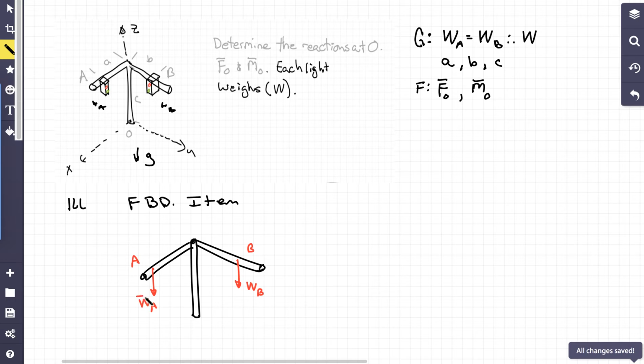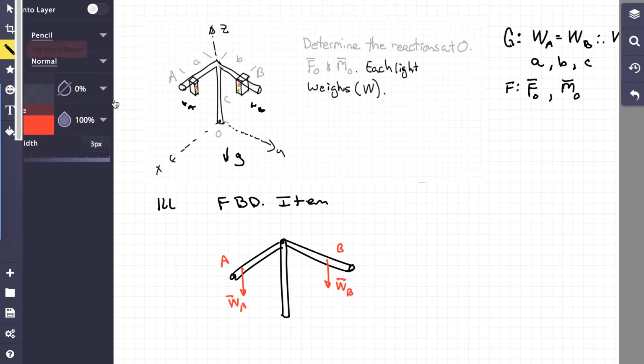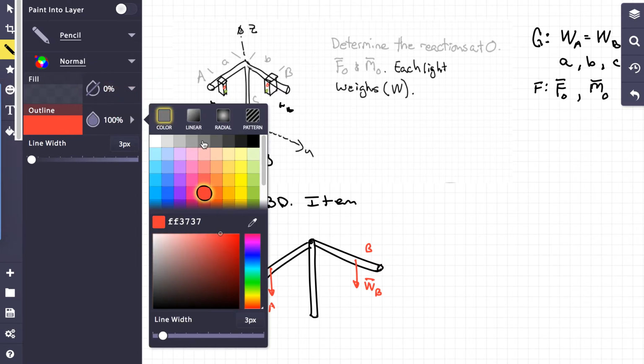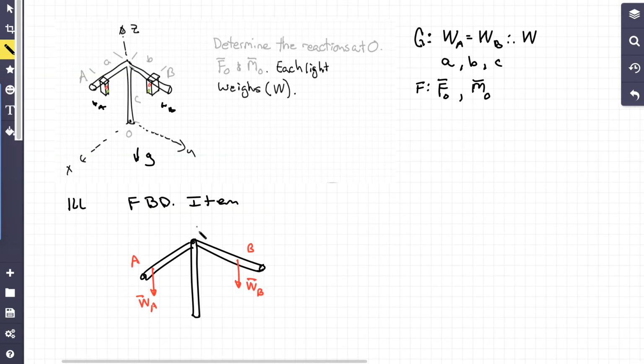What I'm going to do is say that they're both vectors, going in the negative z direction, and the weight is going to be W. Again, it could be 200 pounds, it could be 400 newtons. Whatever it is, that's what we got. With our free body diagram, we also want to put in our coordinates.